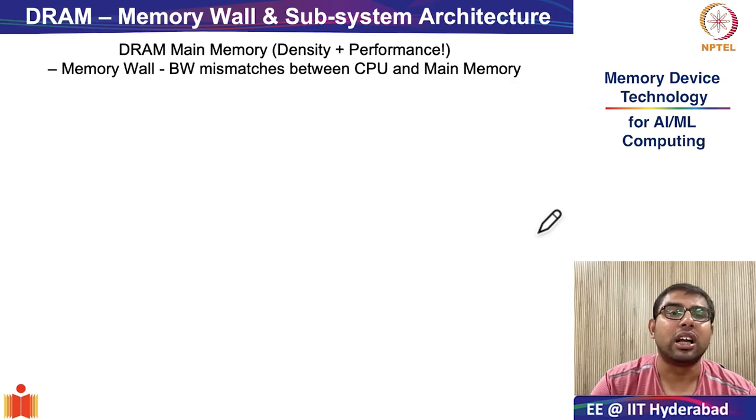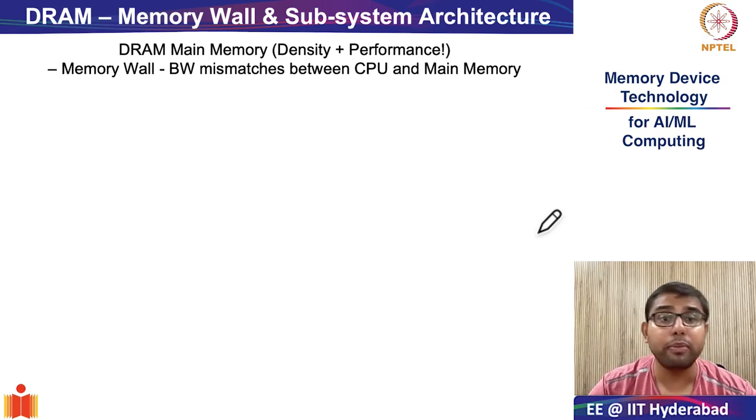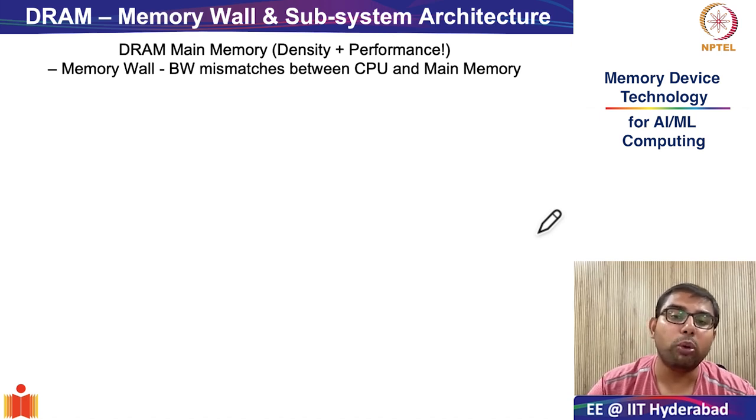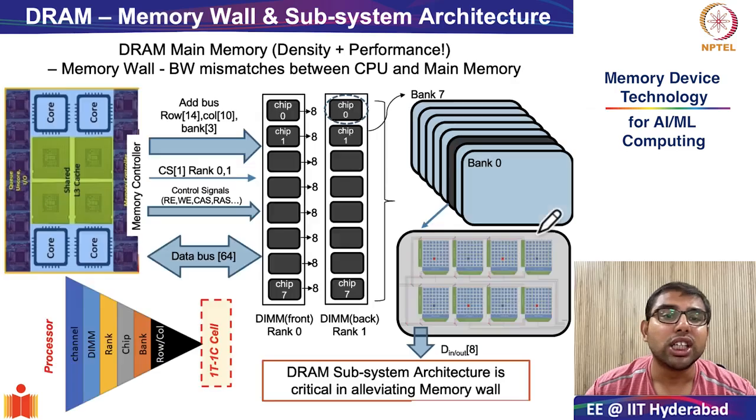And this large mismatch between the bandwidths is something called the memory wall, and the memory wall has been specifically detrimental when we started moving from logic-centric computing to data-centric computing. So the first solution we looked at is making sure that your DRAM subsystem architecture is very robust, and that was critical in somewhat alleviating the memory wall.